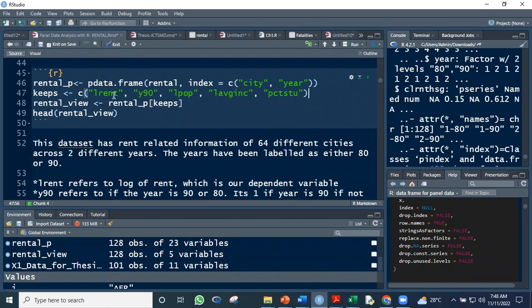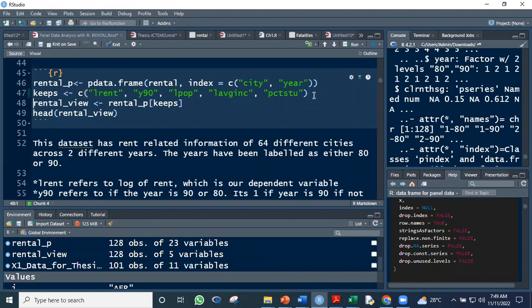So what we did here was to create an object called KIPS. This is what we're going to include in our data set. We're using log rent, the dummy variable y60, the log population, the log of average income, and the percentage of students. We looked at this last time.